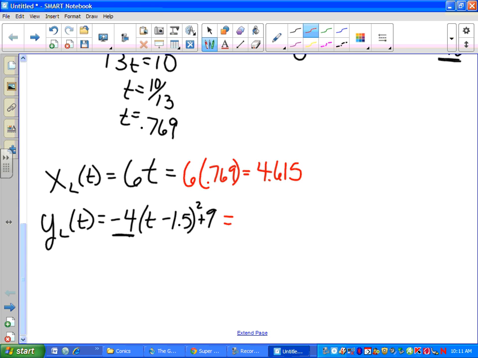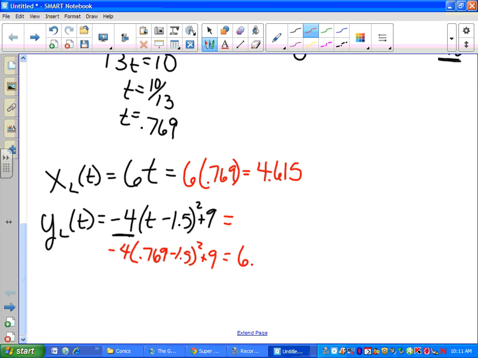And let's plug in a t here, so it's going to be negative 4.769 minus 1.5 squared plus 9. It's a good idea, by the way, to store your 0.769, the long version of that, as t, and then you can just plug it into all these equations instead of having to repeat that long decimal. Okay, so we're going to get 6.